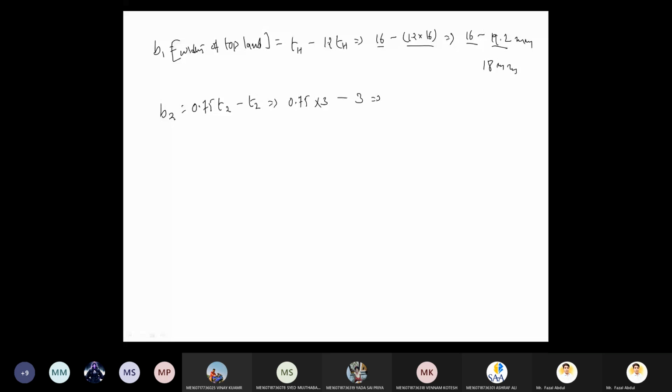So 0.75 into 3 is 2.25, so the range is 2.25 to 3 mm. You can select any. B2 I am taking as 2.5. This is B1, this is B2.